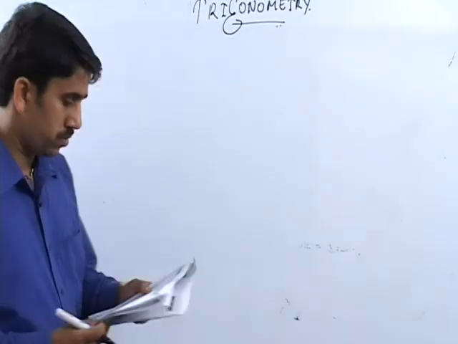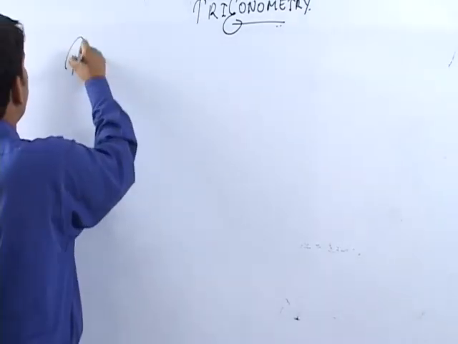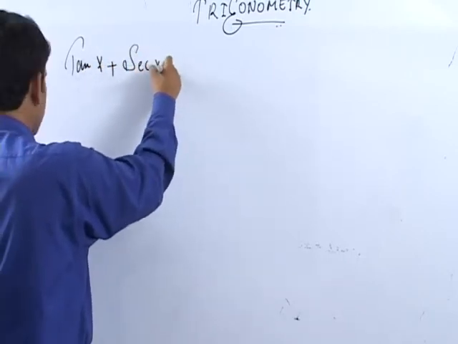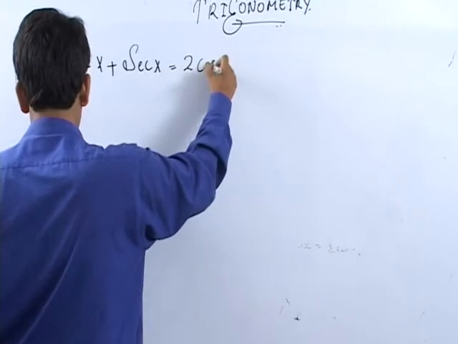Now you have to find out the number of solutions for the equation tan x plus secant x is equal to twice of cos x.